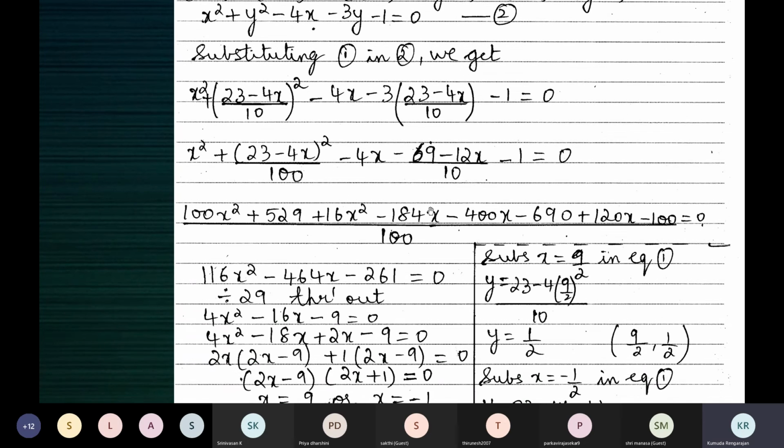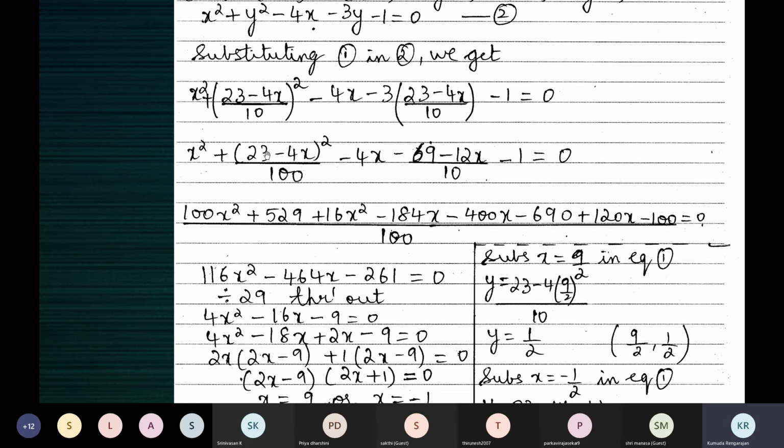Now 100 is the common denominator. So it will be 100x square. Here there's 100, so only this will come. Here there's already 100 in the denominator, so only this will come. Expand it. 23 square is 529. 4x the whole square is 16x square.